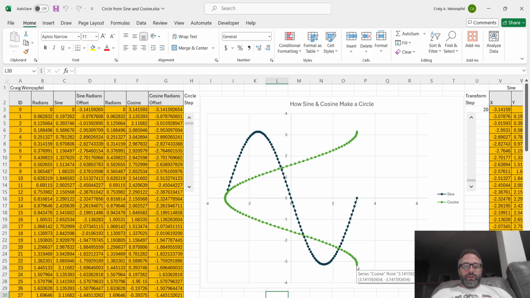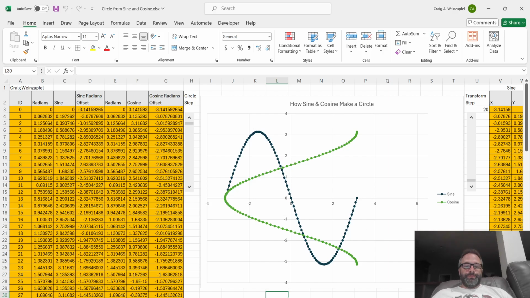As we step through what makes up a circle, this very bottom right, which is really our first coordinate of our transposed cosine wave, is the first in the series, and as we step through each of the radians, it will traverse up this way. The very first sine coordinate is about here, and it will traverse this way.